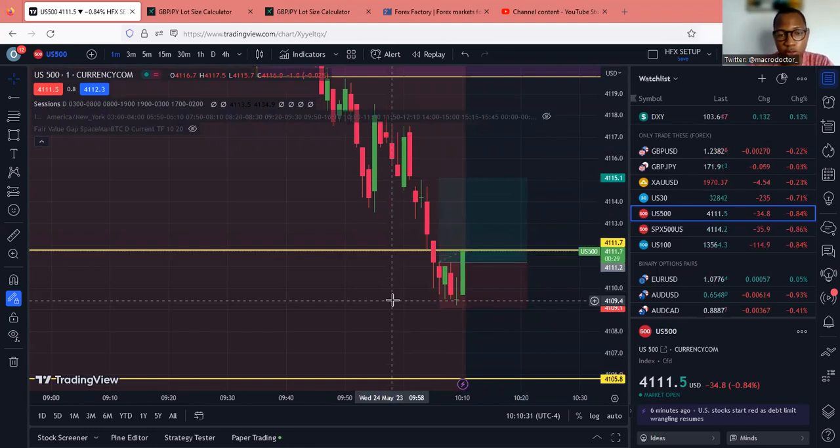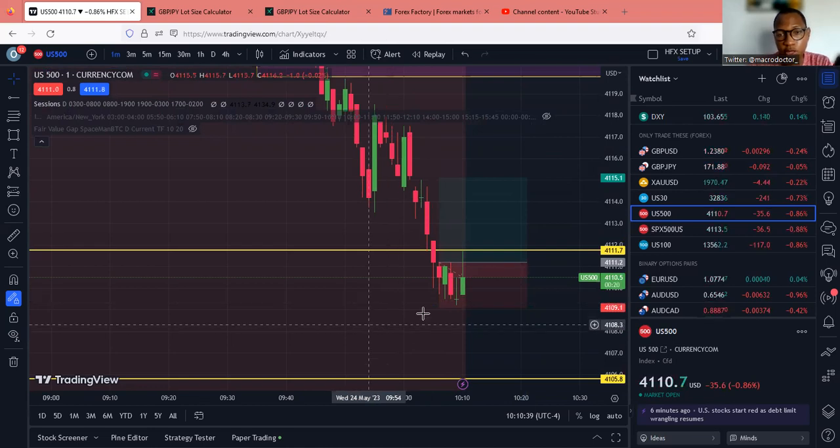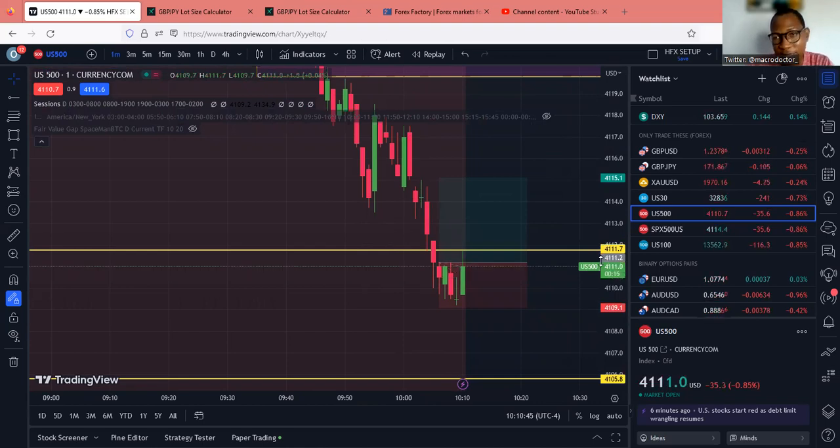Like it might not close after all. Let's just see what price does. Either way, this is our last candle for the day. If it closes above, all well and good. If it doesn't, then no trade for today.